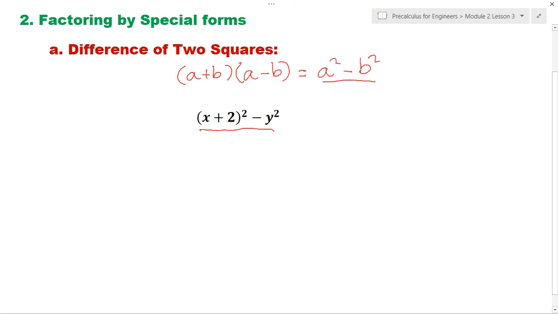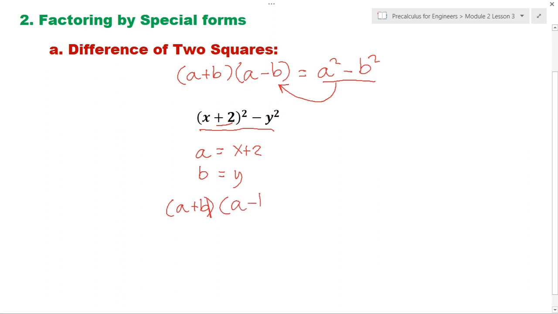Therefore, to factor this, it is simply a plus b, a minus b. If we apply this in our example, since it is written as an expression squared minus an expression squared, we can let a be x plus 2, and we can let b be y.